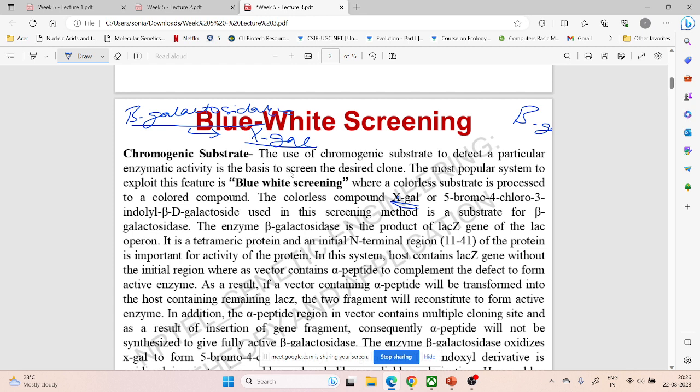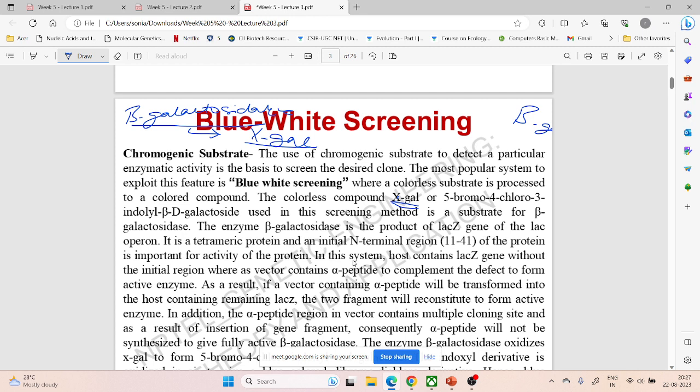This beta galactosidase will act upon X-gal. This X-gal we will provide, and it will be used by beta galactosidase, and then a colored product is formed, which is blue in color. This compound is a substrate for beta galactosidase, and beta galactosidase is the product of the lacZ gene of the lac operon that we have already studied.